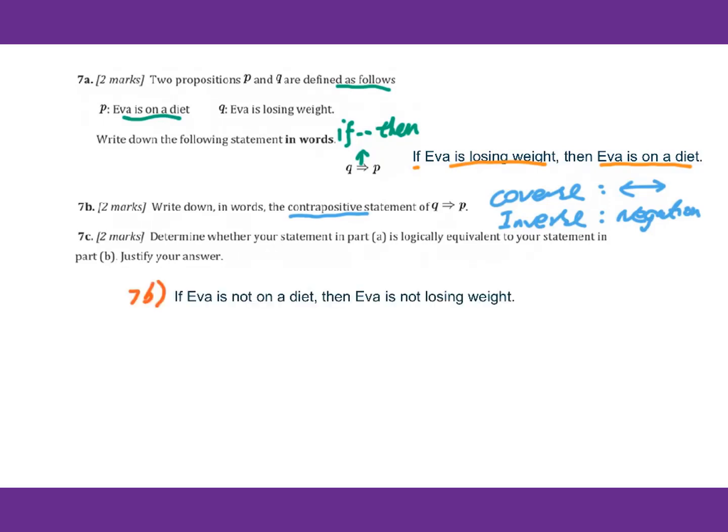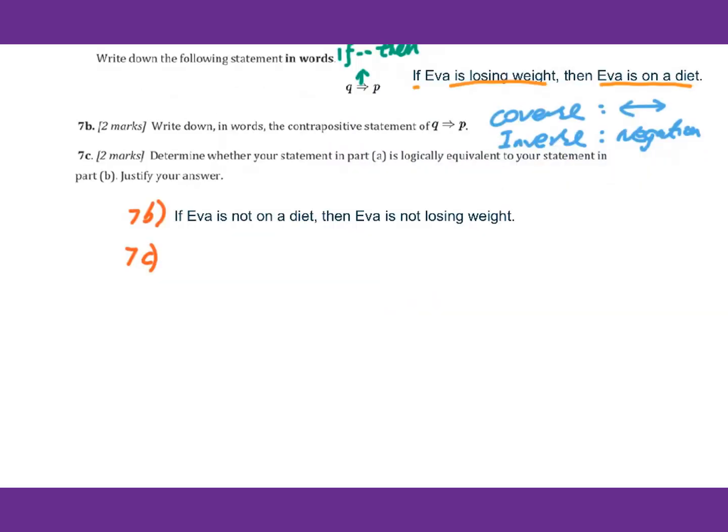Therefore, if Eva is not on a diet, then Eva is not losing weight. This will be the contrapositive statement of Q implies P.